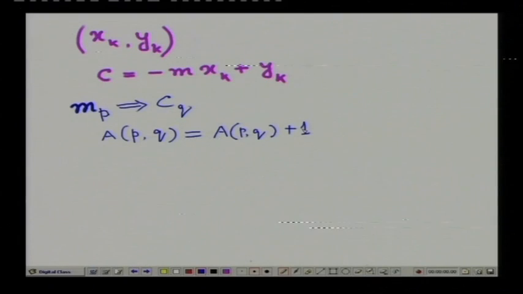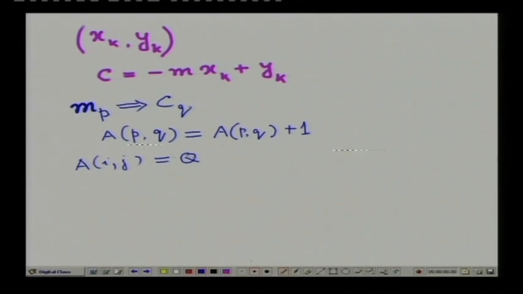So, at the end you will find, because for every computed pair M_p, C_q I am incrementing the accumulator cell by 1, where the accumulator cells are initialized to 0, that at the end of the process, if an accumulator cell A_ij contains a value, say capital Q.